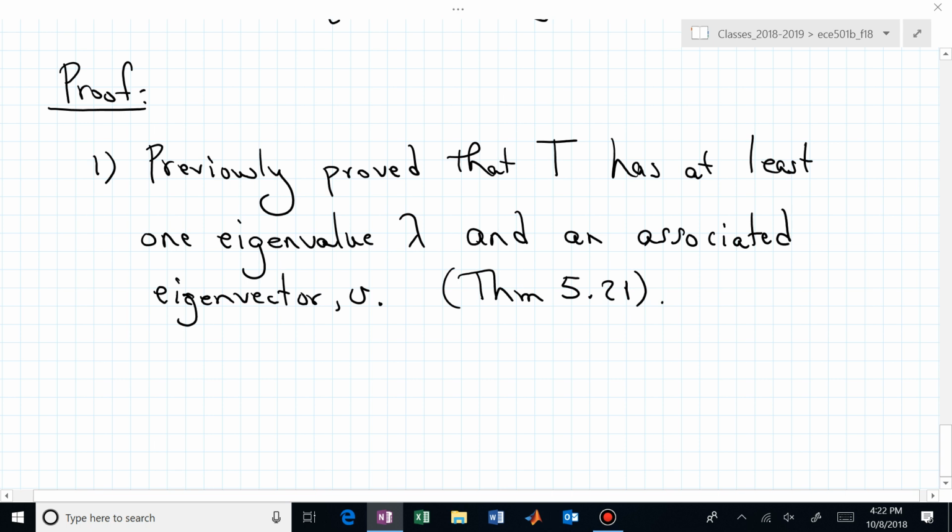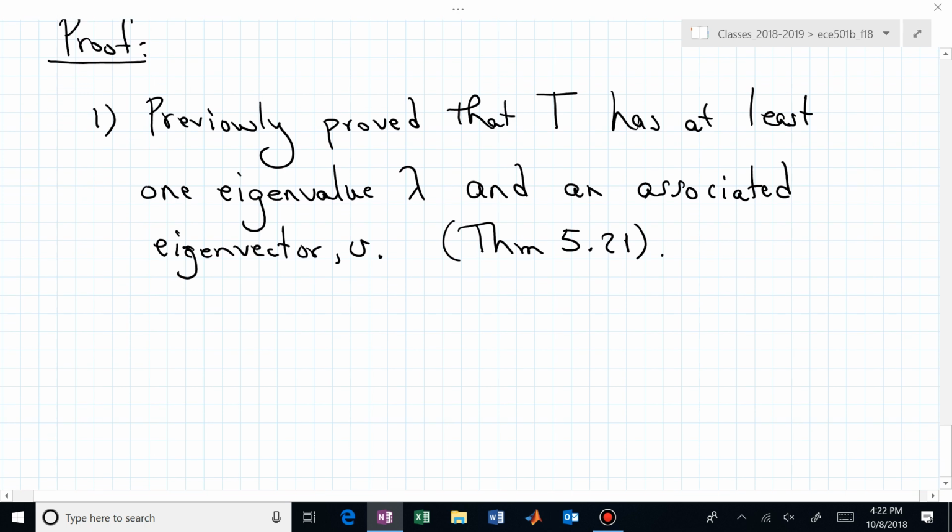Complex, that's key to have that C in there. So now we have an eigenvalue and an eigenvector.